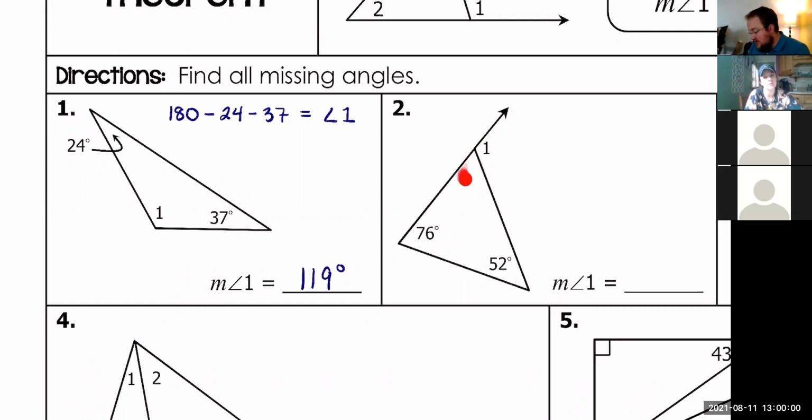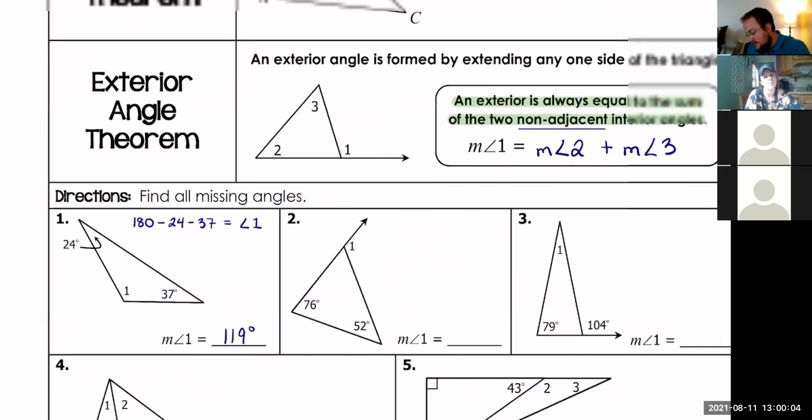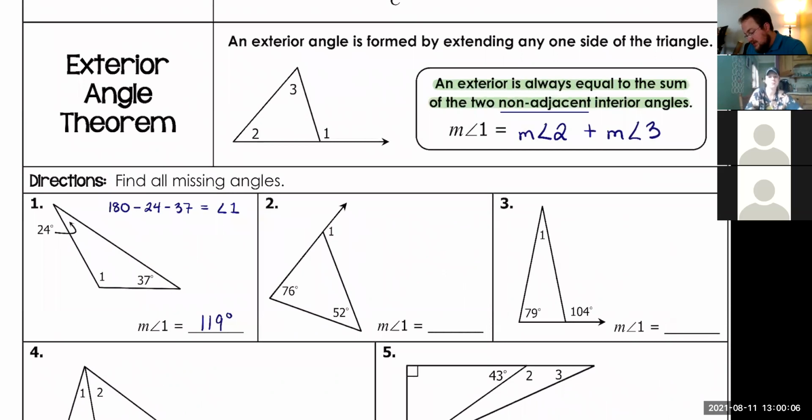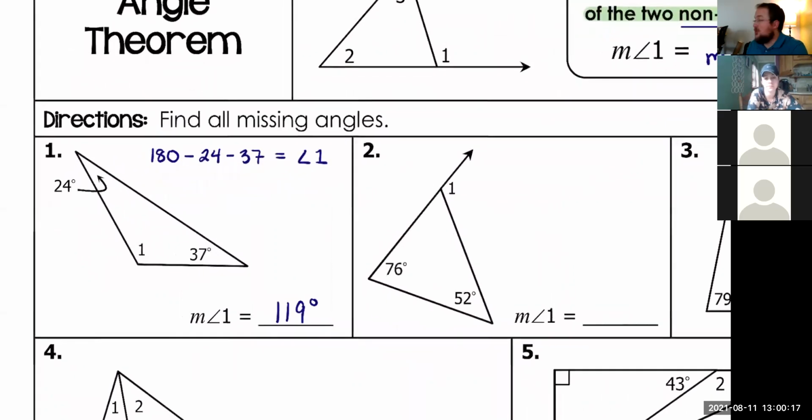That one combined with this adjacent angle would be 180. But the theorem up above, right there, says that the exterior angle would equal the sum of the two non-adjacent. And here we were given those two non-adjacent ones. You would just add those two together.